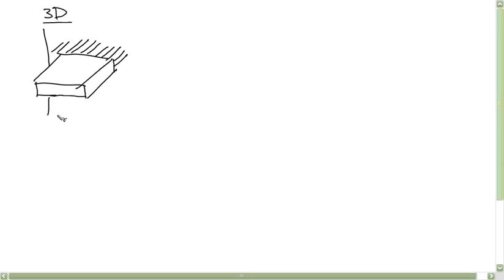Everything. So what type of loads need to be applied to prevent any kind of motion in 3 dimensions? Yeah, all of them. So this time it's just 6, right?